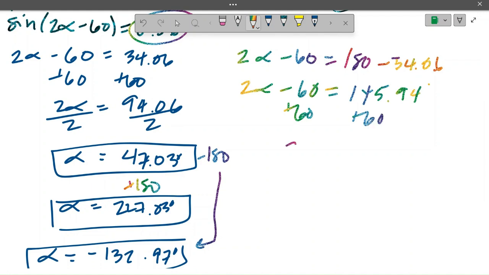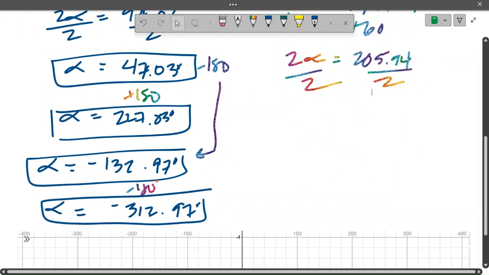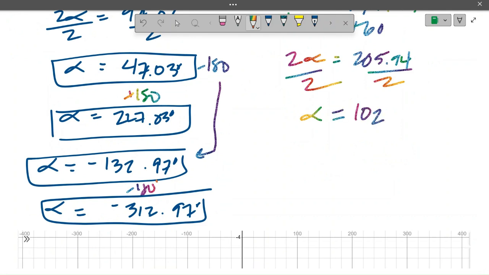That gives me 2 alpha equals 205.94 degrees. Dividing by 2 to get alpha by itself. And when I do that, I end up with 102.97 degrees. Okay, that solution is within our domain.